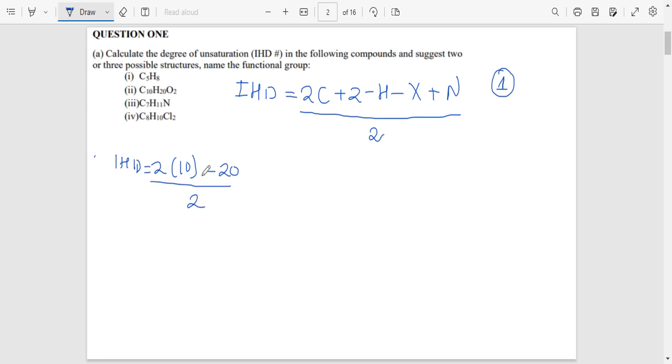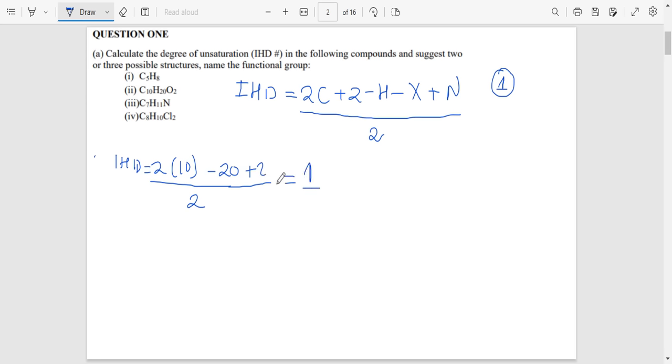So this is 2 times 10, which is 20, and then minus 20. Okay, I've forgotten a 2. Remember, it's supposed to have a plus 2 there. So that is 22 minus 20, which is a 2, divided by 2. That is going to give us a 1. So we have an IHD of 1.